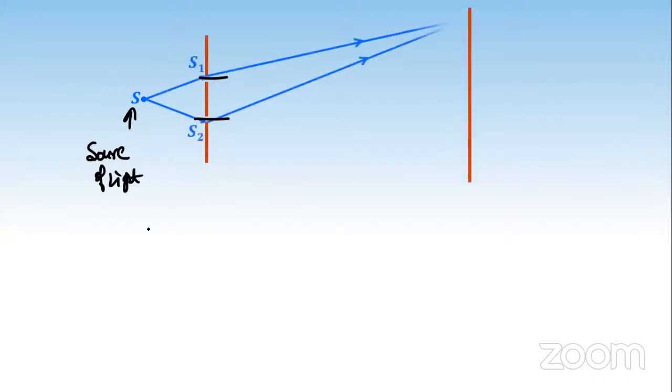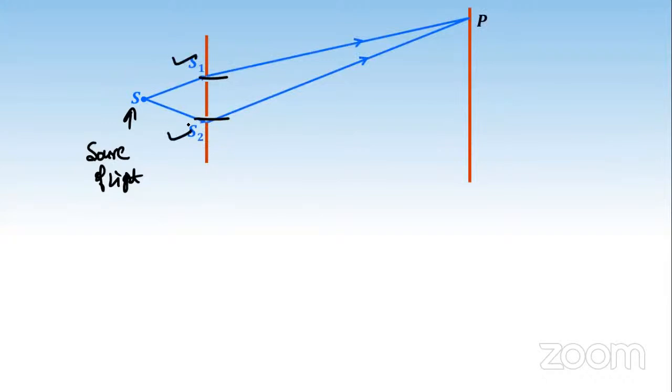Suppose this in front of you is the source of light. See, this YDSE is very important. We are having two sources, and we are having the slits here. This is one slit, this is a second slit. This is S1, this is S2.